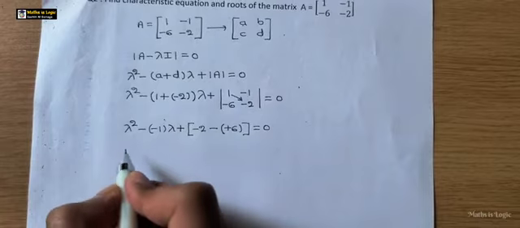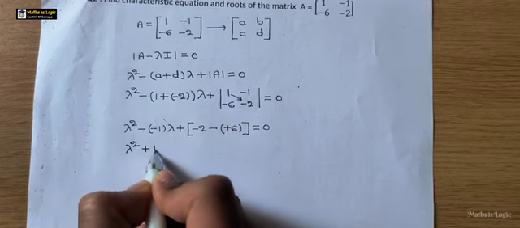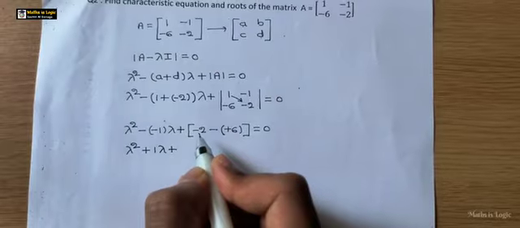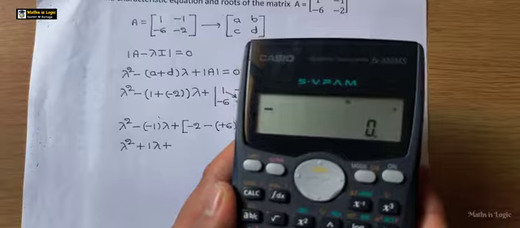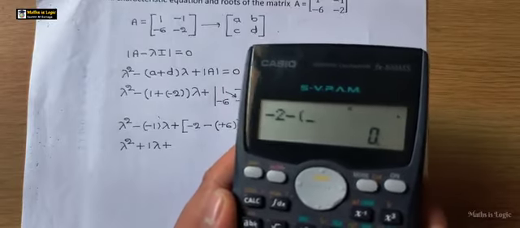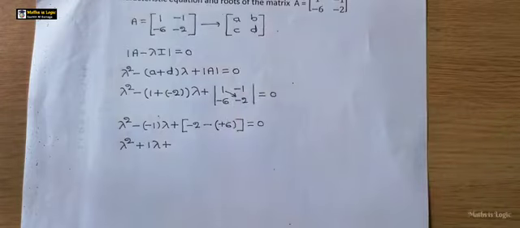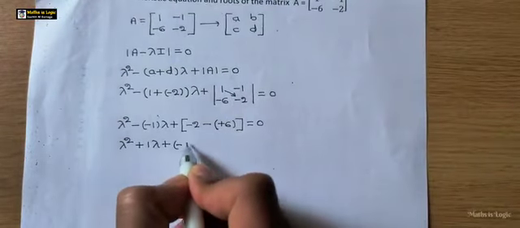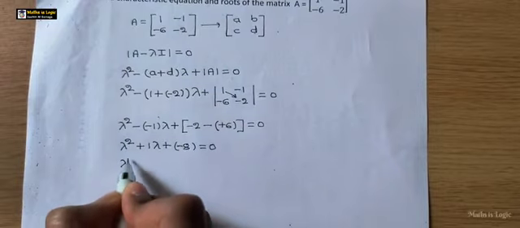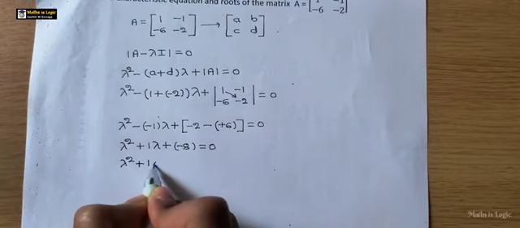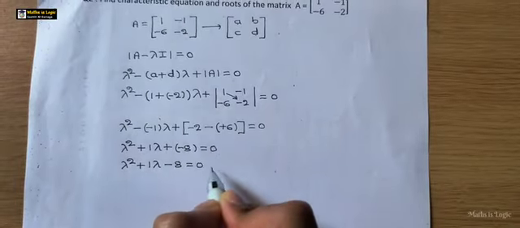So next, therefore lambda square minus into minus is plus 1 into lambda plus, again use the calculator, minus 2 minus of in bracket plus 6. So what is the answer? Minus 8. In bracket minus 8 is equals to 0. Therefore lambda square plus 1 lambda plus into minus is minus 8 is equals to 0.